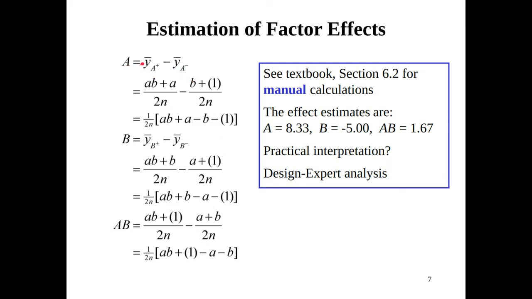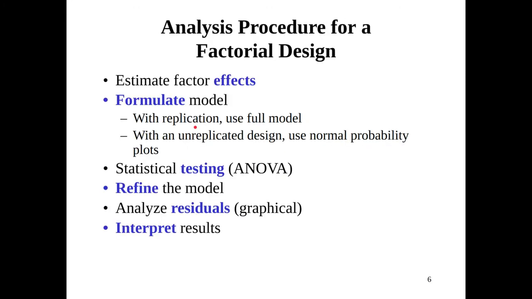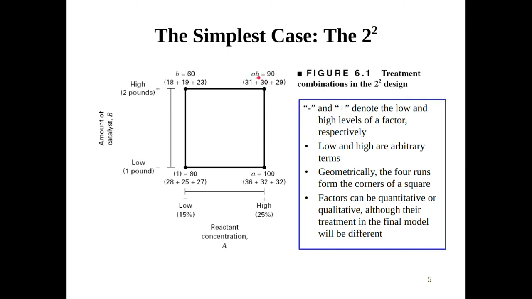Effect of factor A is y bar A plus, the average of those six readings at high A, minus y bar A minus, the low level of A. And that y bar A plus is AB plus A divided by 2n, the sum of these values divided by 2n. Our sample size is 3, and 2 times 3 is 6 experiments.